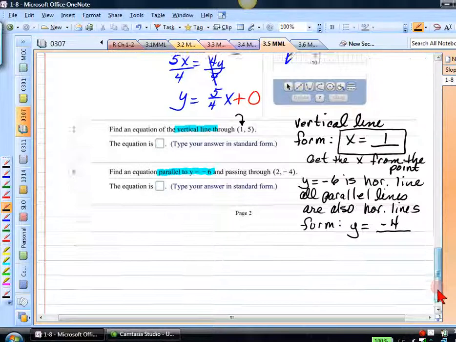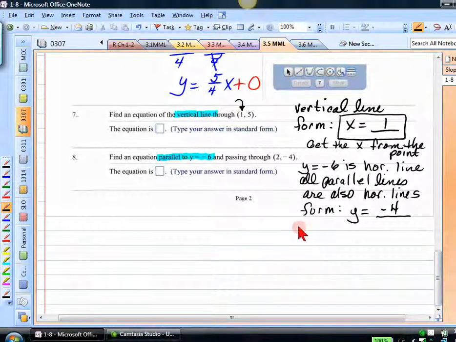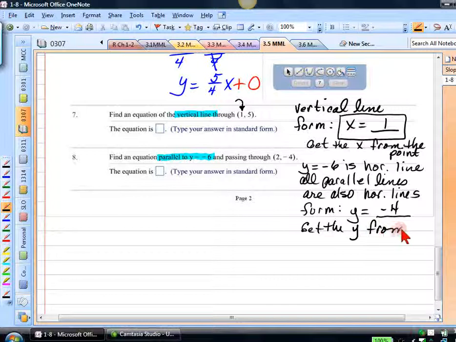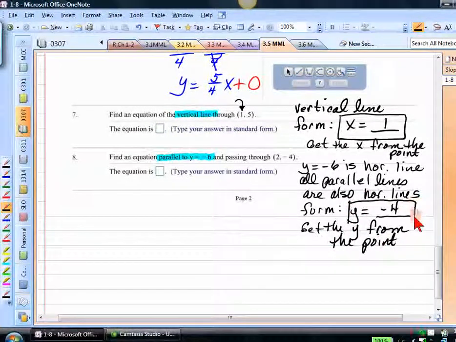So you will get the y from the point. This is my answer.